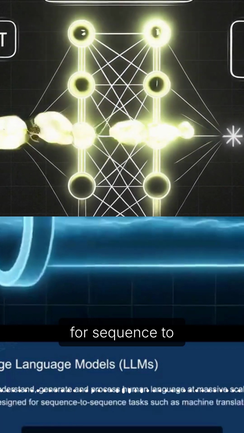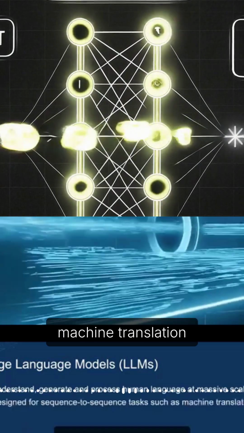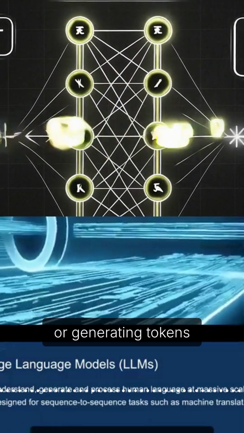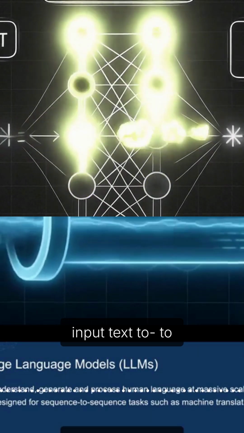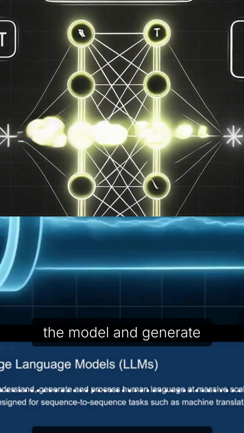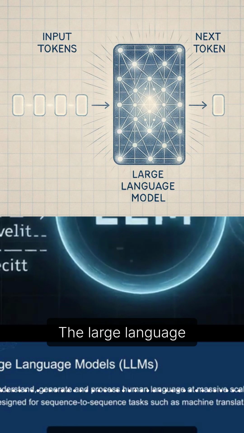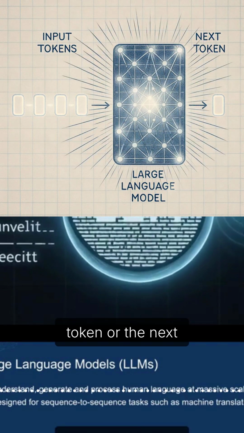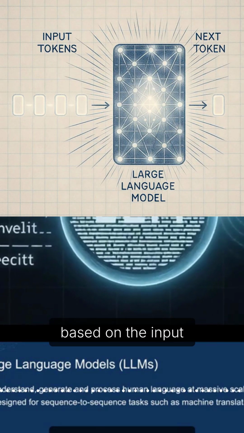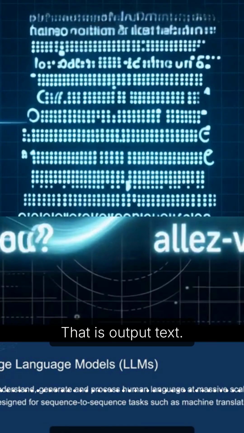They're designed for sequence-to-sequence tasks like machine translation or generating text. You send the input text to the model and it generates text. The large language model will generate the next token or new text based on the input text, that is, the output text.